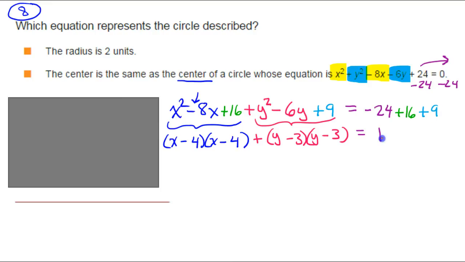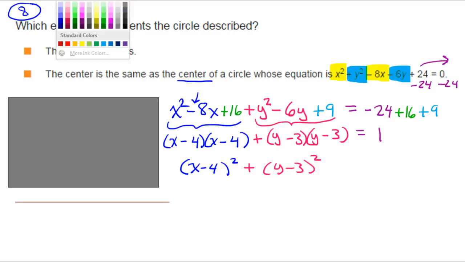it makes positive 1. Now again, the reason why it's significant that we have the same thing twice is because I can now write this in standard form. Instead of having x minus 4 twice, I can write x minus 4 squared. Instead of having y minus 3 twice, I can write y minus 3 squared.